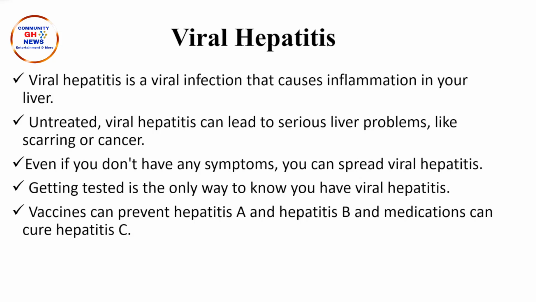So if you have hepatitis B, hepatitis C, hepatitis A, and it's left untreated, it can lead to serious liver problems. For example, it can lead to scarring. The liver is going to lose all the healthy tissue and it is going to be replaced by fibrotic dark tissue, which will make the liver very, very hard. Eventually it wouldn't perform all the functions that it's supposed to perform, and it will lead to cancer.